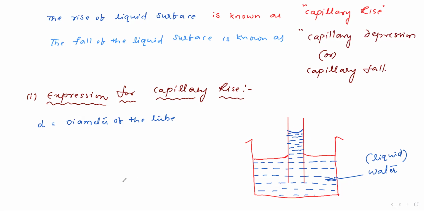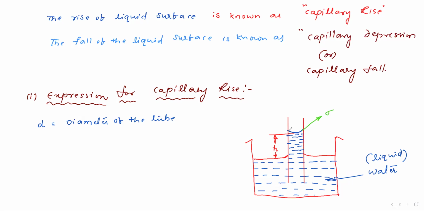This level of the liquid from this surface is measured in terms of the letter H. So the height of the liquid in the tube is H, and this particular concave, this is called surface tension, which is denoted by sigma.